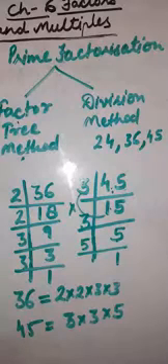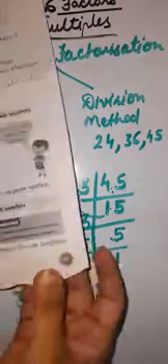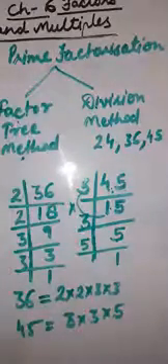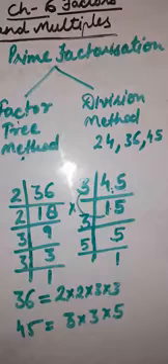Okay, so we have done lots of points here about factors. So let's take page number 78. This is exercise 6A. Take out page number 78.